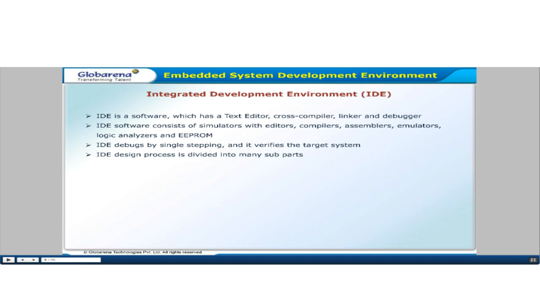So this is the integrated development environment, and it consists of simulators with editors, assemblers, emulators, logic analyzers and EEPROM. Editors are used to edit the programs, and compilers are used to compile the programs. Compiling means if you write any program in the system, this program can be compiled by using the compilers.